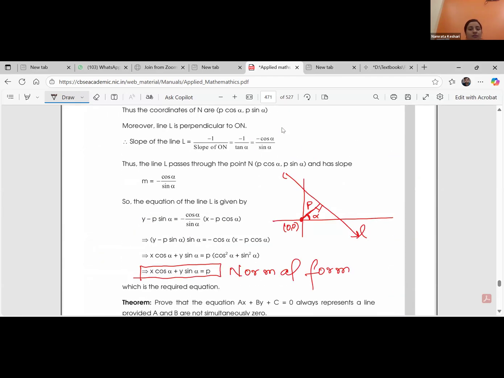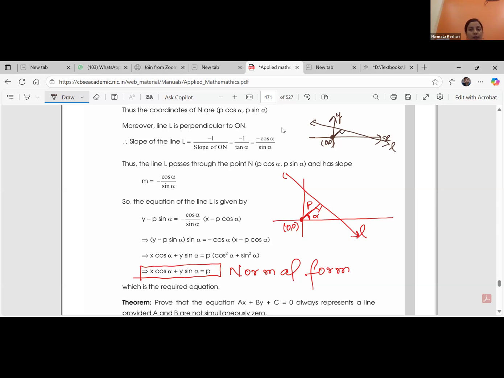See, we are having the coordinate axes. If I draw again, then only it will make sense. We are having the x-axis, y-axis, and a random line L. On this L, from the origin, there is a perpendicular.